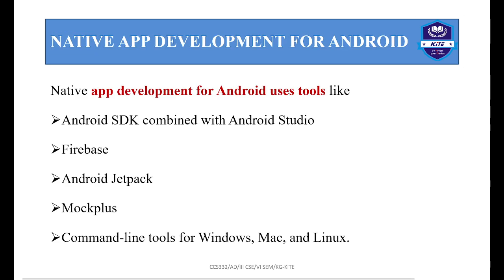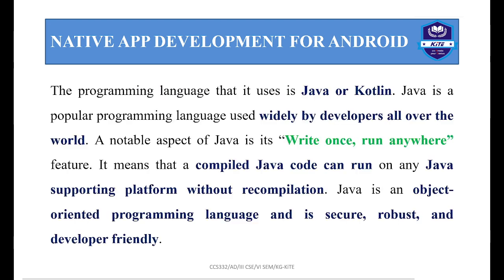Native app development for Android uses tools like Android SDK combined with Android Studio, Firebase, Android Jetpack, Mockplus, and command line tools for Windows, Mac, and Linux. So these are the tools used for developing Android applications. The programming languages used are Java and Kotlin. Java has the property of interoperability, where you write the program once and it can run anywhere.